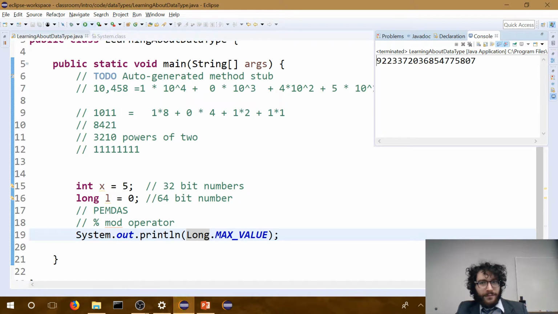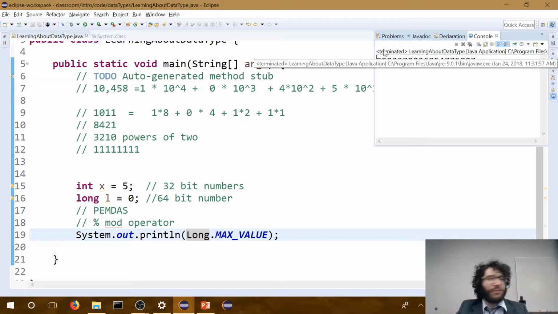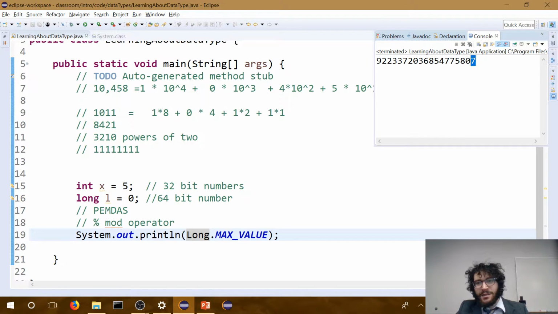Okay, so the maximum value you can hold in a long is, let's see, hundreds, thousands, millions, billions, trillions, quadrillions. What comes after quadrillion? Heptillion? Sure, let's go with that. Point is that's big enough that we don't know it off the top of our heads.